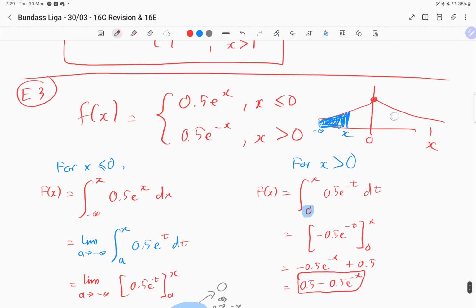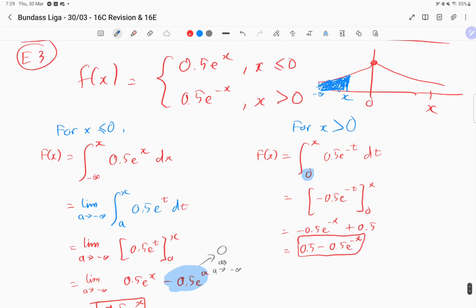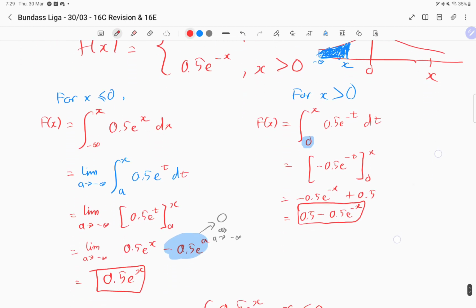Alright, so the area to the left of x, remember the definition of CDF, area to the left of that value x must cover the entire area, right? The entire area before 0. And what do you think that area is? And how do we calculate the entire area before 0?